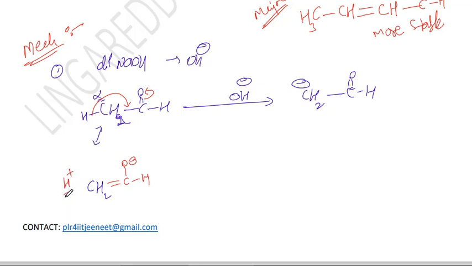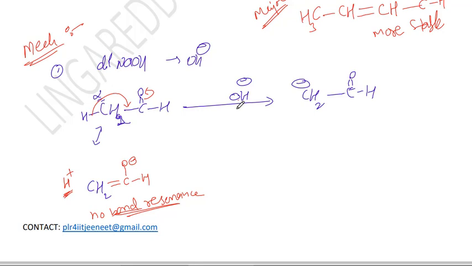Due to this type of hyperconjugation, it is also known as no bond resonance. Because of this hyperconjugation, hydrogen is releasing as H plus. The OH minus is waiting for the H plus.